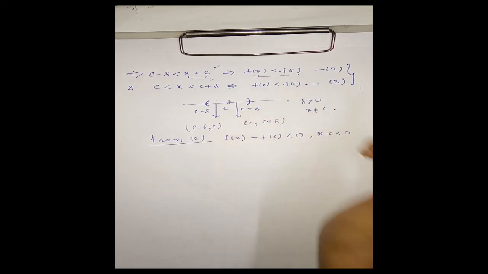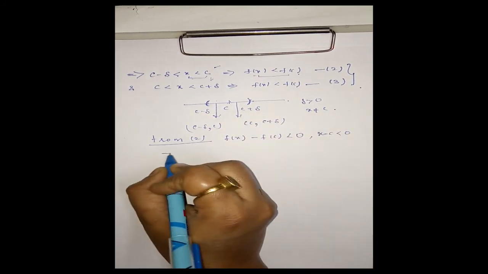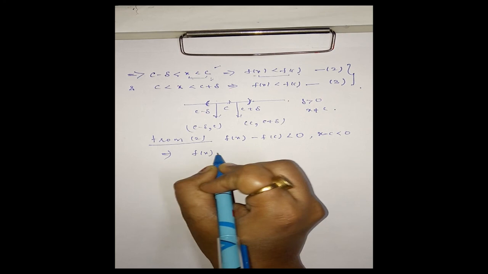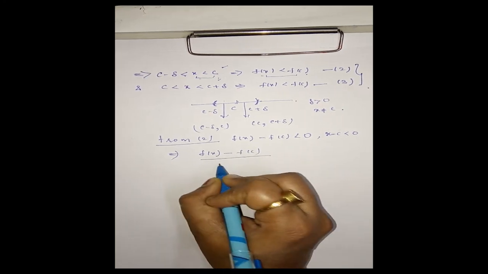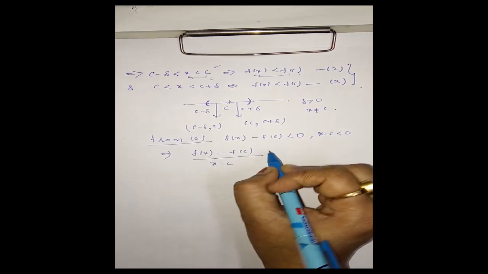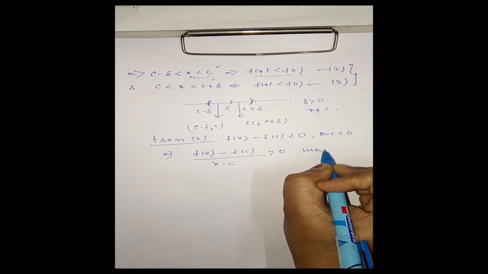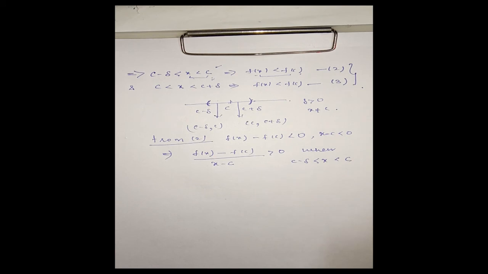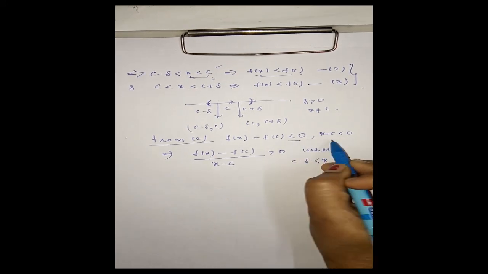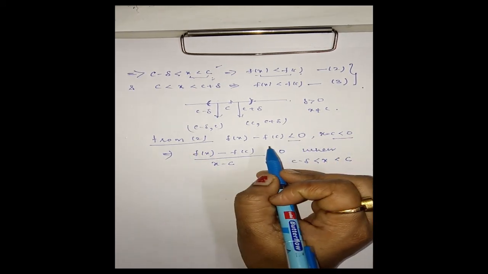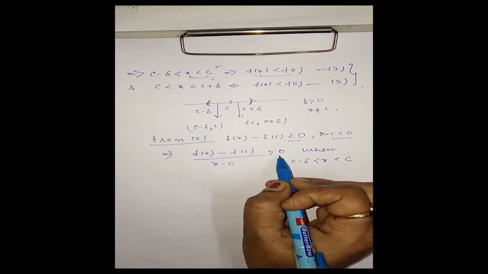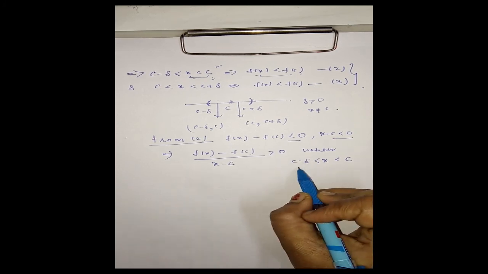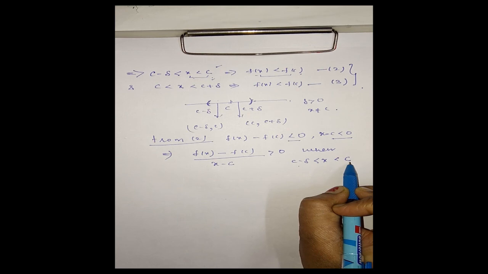This implies (f(x) minus f(c)) divided by (x minus c) is positive when c minus delta is less than x is less than c. Since numerator is negative and denominator is negative, the quotient will be positive in the interval c minus delta to c.